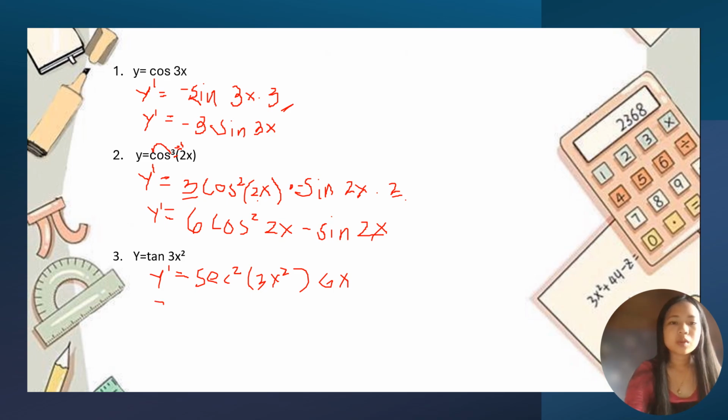By simplifying, we get y prime is equal to 6x secant squared 3x squared.